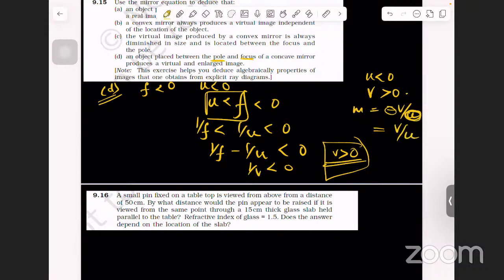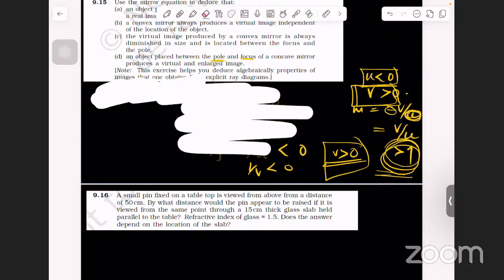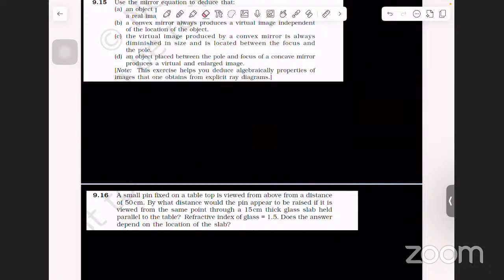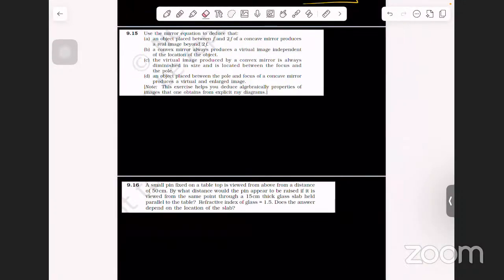Okay, and this should be always greater than 1 because v is more than 0, u is less than 0. So magnification will always be positive, right? So hence the formed image will always be enlarged. Okay, we have proved all the points over here, right? It's a good conceptual algebraic question, all right?